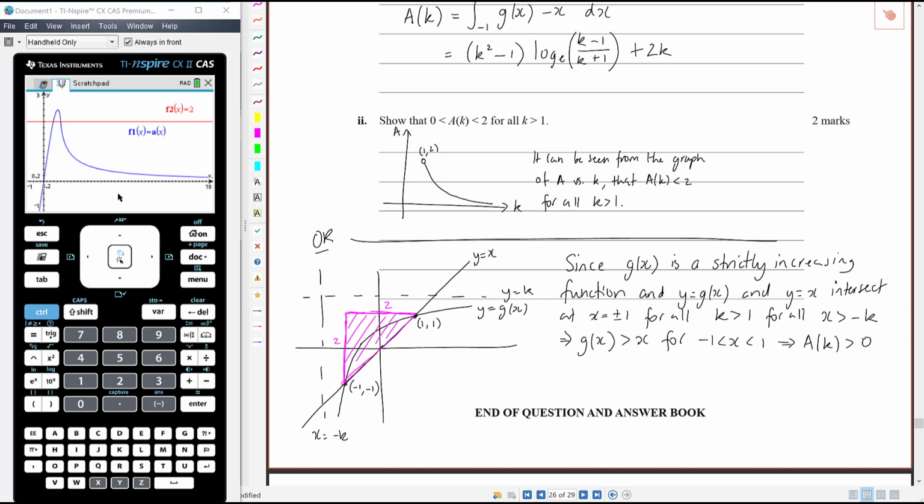And we also know that because the gradient is always positive between -1 and 1, so this means since the derivative of g is bigger than 0 for x between -1 and 1, the area a of k is bounded by the pink triangle.